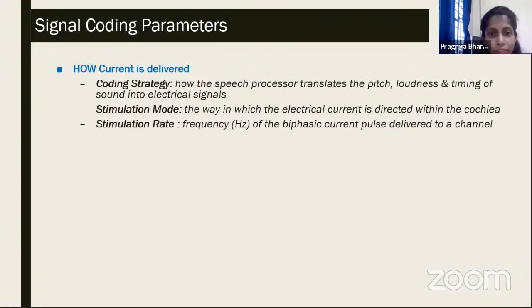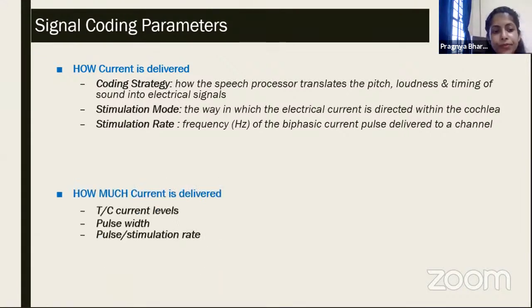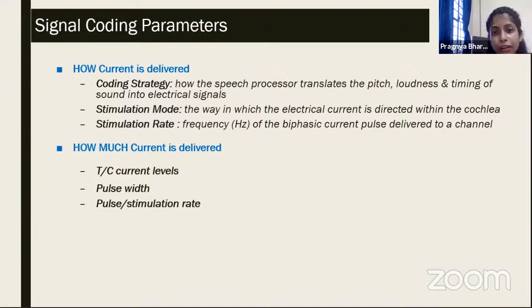One is the coding strategy itself. Second is the stimulation mode that we use, and then the stimulation rate that we use. Second is how much current we deliver. How much current is again determined by the individual threshold and comfort levels. It is determined by the pulse width as well as the pulse or the stimulation rate.